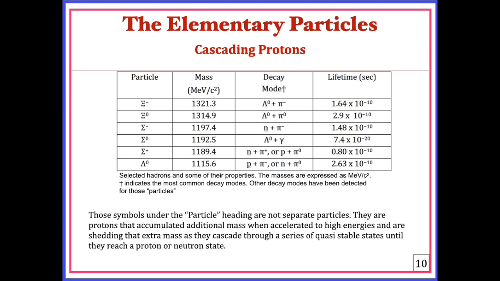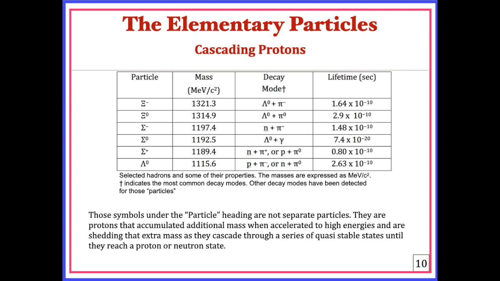With so many combinations on offer, is it surprising that there are many different pathways for a proton with excessive energy from its relativistic speed to go back to rest when it is stopped? These few selected cascading steps were from a proton that had probably been accelerated to only a few GeV. The symbols under the particle headings are not separate particles.